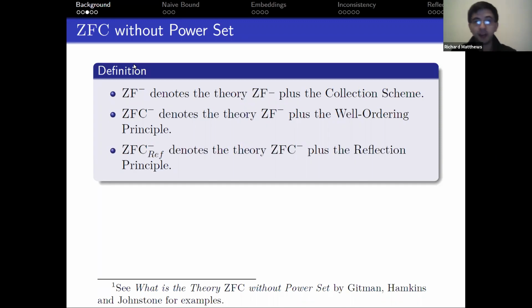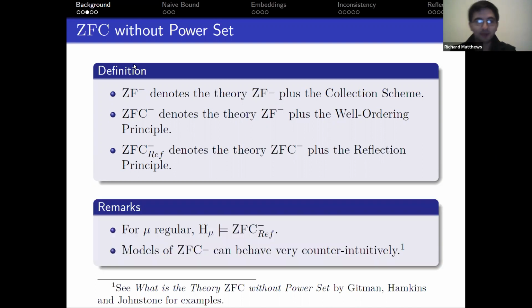As a slightly different form of notation, because I couldn't have an even higher minus sign, I'm going to let ZFC minus sub ref be the system ZFC without power set, but with the reflection principle. If anyone can think of a more consistent notation between these three things, I may use that, but yes, I'm not happy with this.